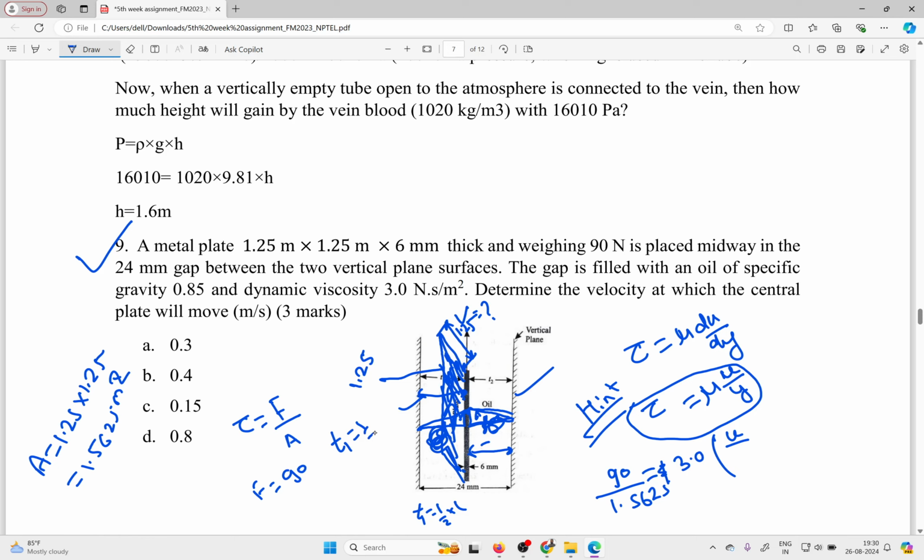So T1 is equal to, if both sides are equal, half of 24 minus 6, because of the 6 mm thickness. So it will become around 9.